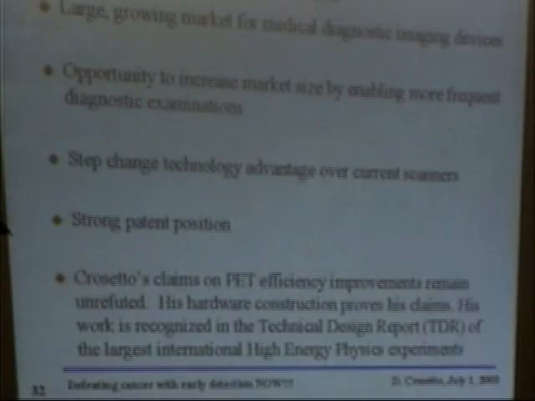So there are investment highlights: this large growing market for medical diagnostics, and it should and will replace the CT because it's including the CT also. Opportunity to increase the market size, strong patent position, and so far all my claims remain unrefuted.